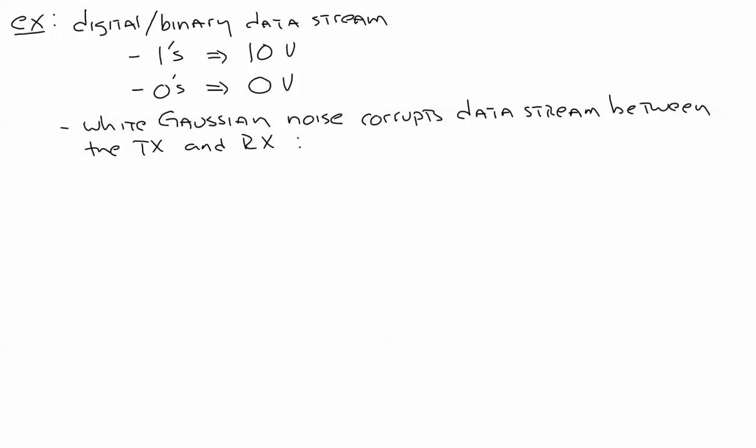We're going to assume that this is 0 mean Gaussian noise, and we'll assume that the standard deviation is 2 volts. All right? 0 mean Gaussian white noise with a standard deviation of 2 volts is going to corrupt our digital data stream.